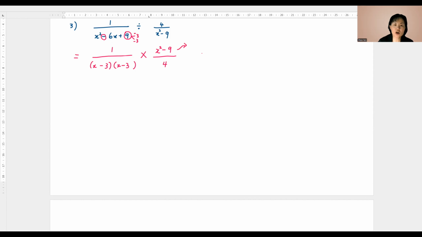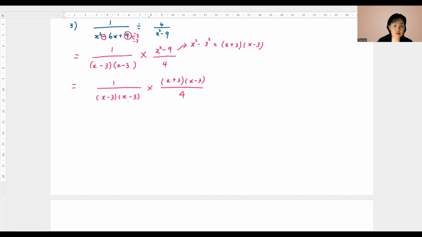x squared minus 9 is also a difference of two squares, because we can write it like this if you want, and that becomes x plus 3 and x minus 3. So I'm going to put that on here: x minus 3, x minus 3, times x plus 3, x minus 3, all over 4.